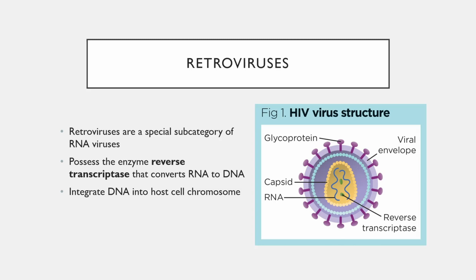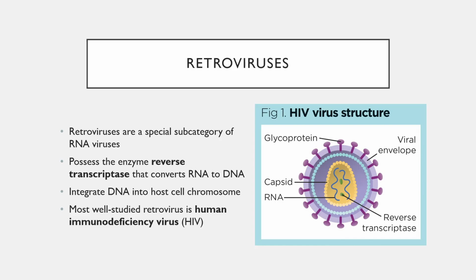The most well-studied and well-characterized retrovirus is human immunodeficiency virus, or HIV. And one of the reasons why HIV is so difficult to cure and treat is because it is a retrovirus where the viral RNA is turned into DNA and then it becomes part of an infected person's DNA.